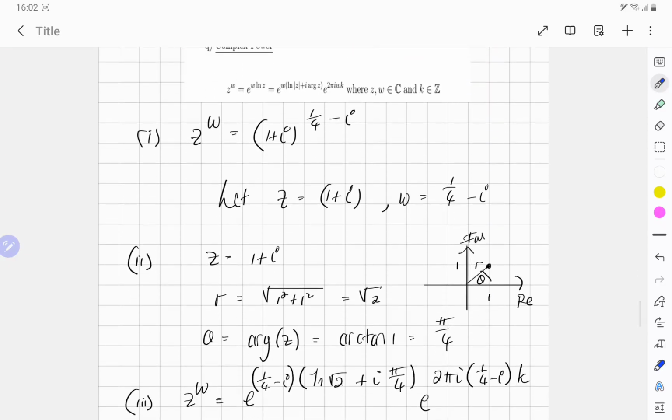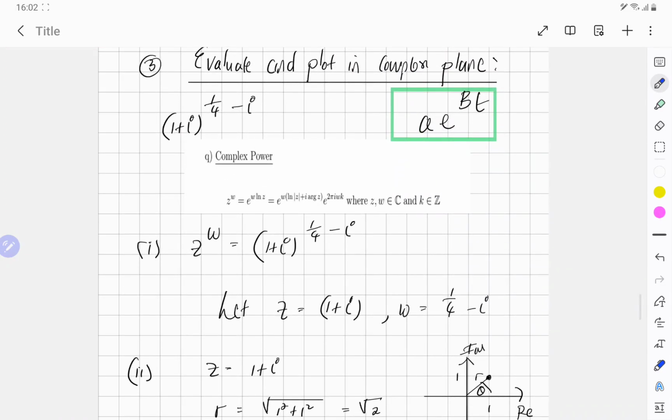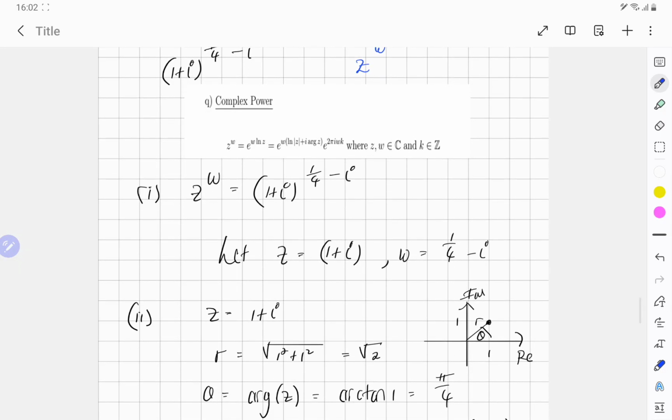So the last question we're going to do is evaluate and plot the exponential, the power, in the complex plane. Just make sure here you have a complex number to the power of a complex number. For that reason, we're going to use this formula: z to the w is e to the w ln z, where ln z is what we have done before.